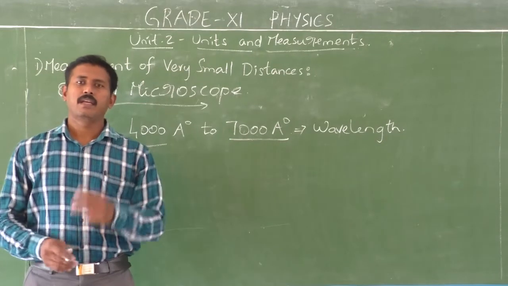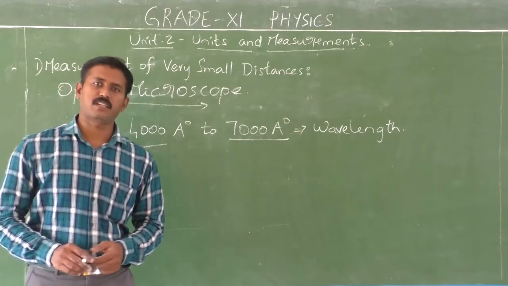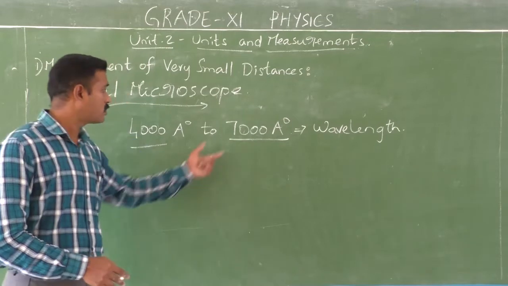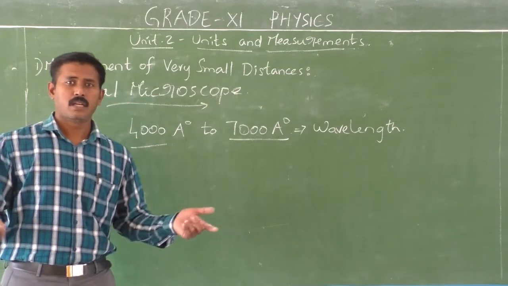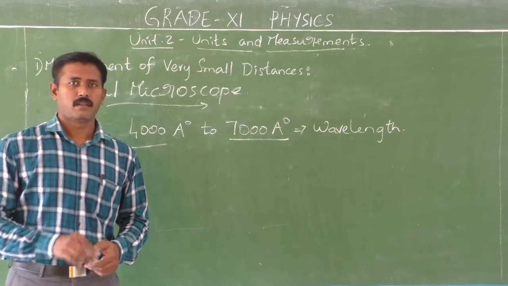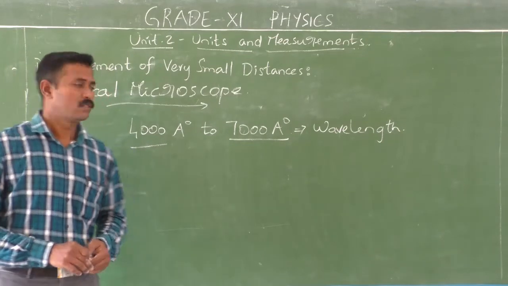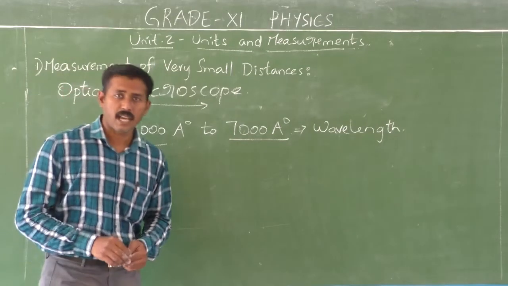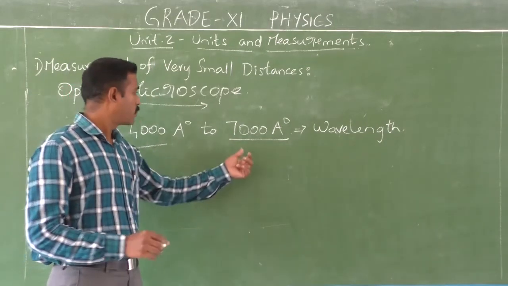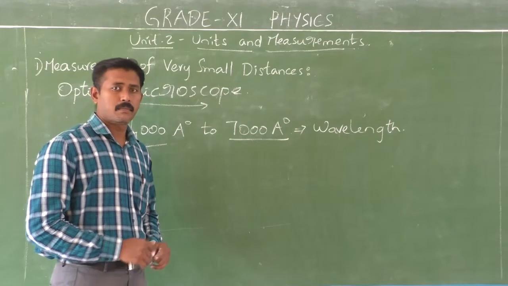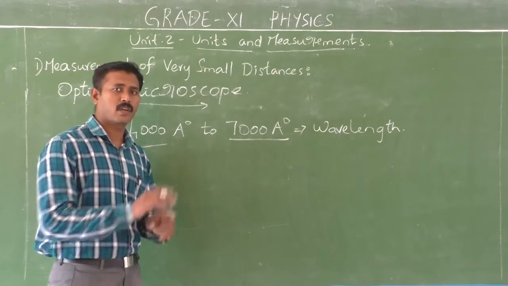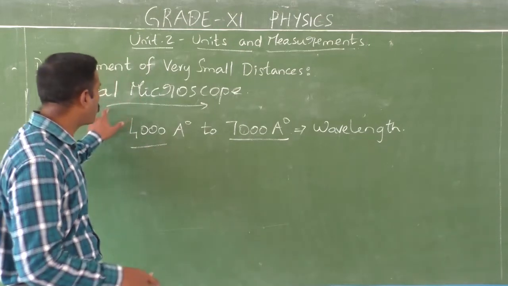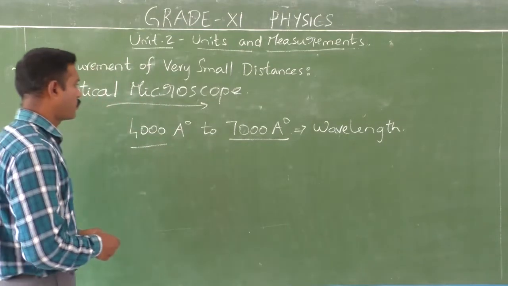Each and every instrument has its own limitations. Beyond this 7000 angstrom, we cannot resolve the particles. The particles whose size is beyond the 7000 angstrom limit cannot be resolved by an optical microscope.